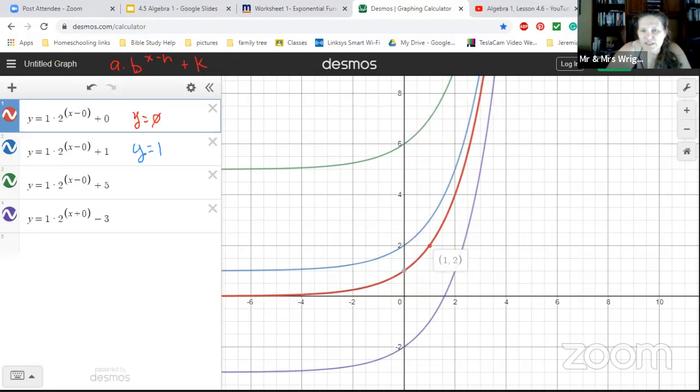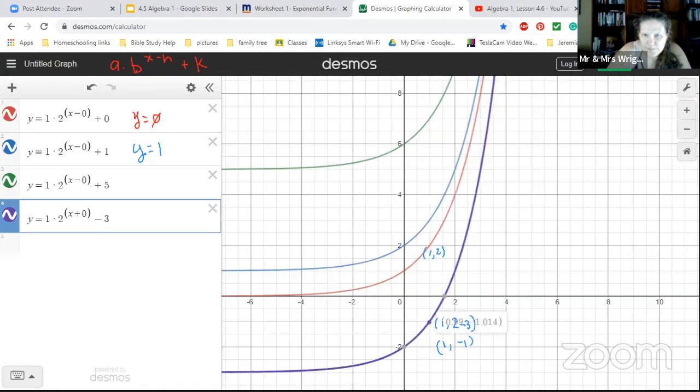Well, the 1 will stay the same and the 2 will change to -3. So 1, -1. All right, let's look and see what it is. It's hard to see because it's behind my writing, but it's 1, -1 right there. So you can easily see how to do all of this.